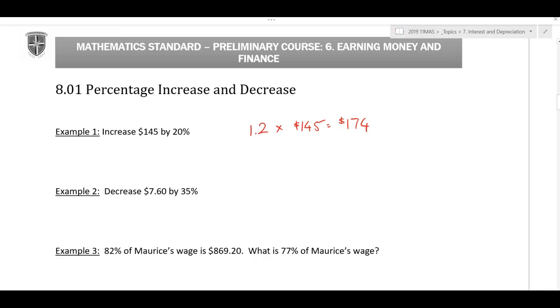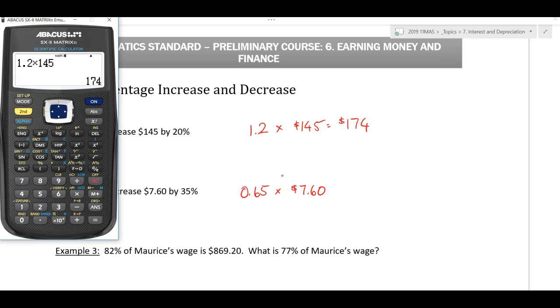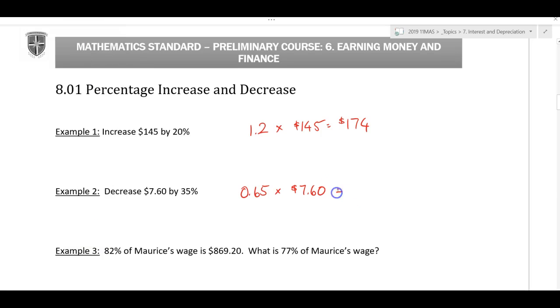So I want to find 65% of $7.60. That's 0.65, 65 over 100, times 7.60, and by the magic of technology, 0.65 times 7.6 equals $4.94.